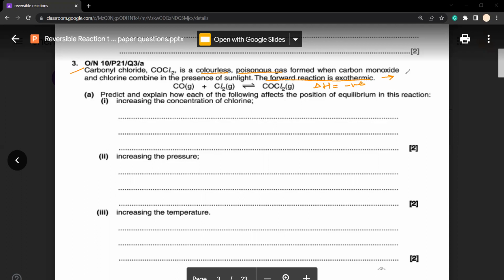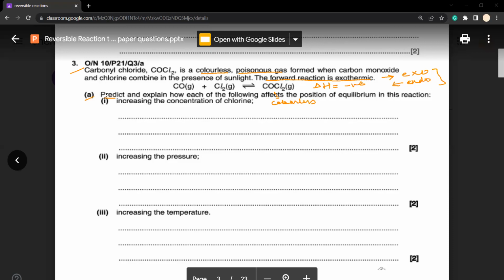This tells us the forward reaction is exothermic, so automatically the backward reaction is endothermic. This is important when we look at temperature change and how it affects the position of the reaction. The other information is that COCl2 is colorless. Now let's read the A part of the question.